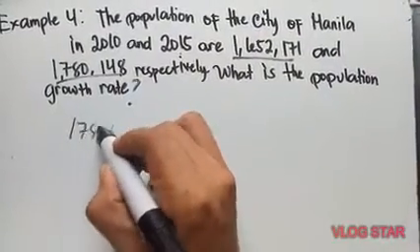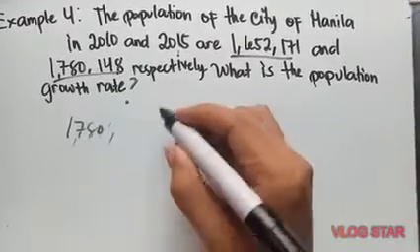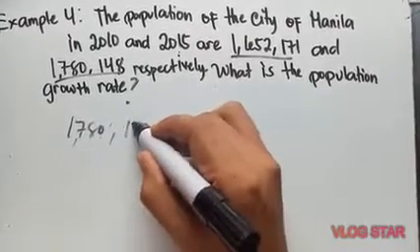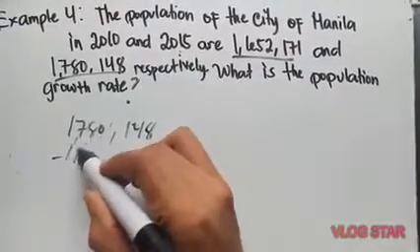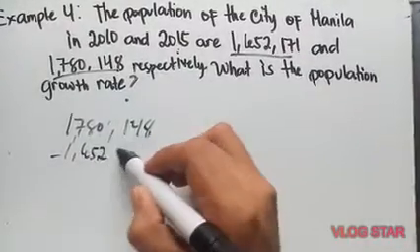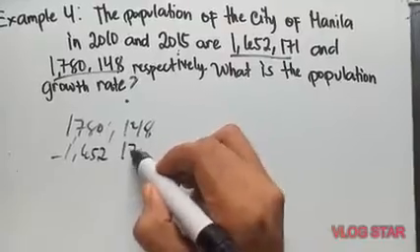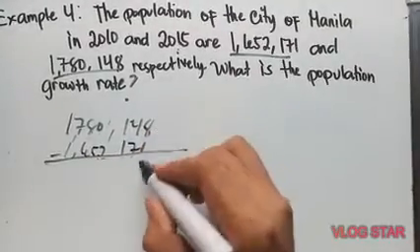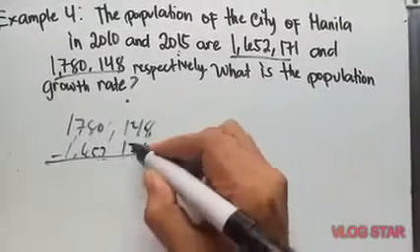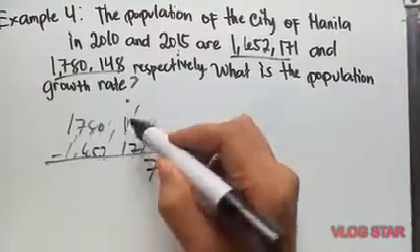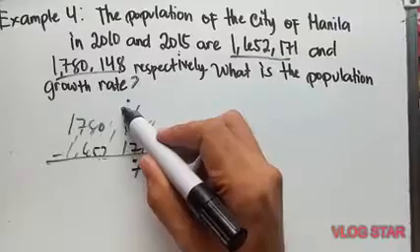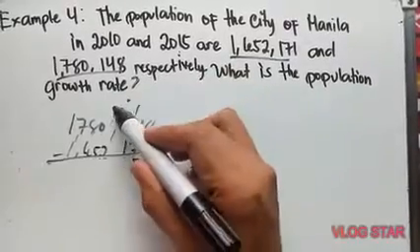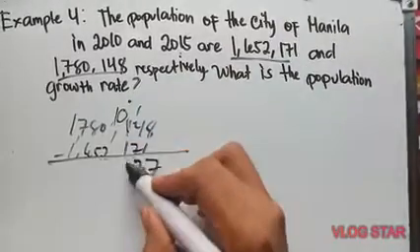So 1,780,148 minus 1,652,171. 8 minus 1 is 7. 4 minus 7 cannot be, so borrow. 10 minus 1 is 9.